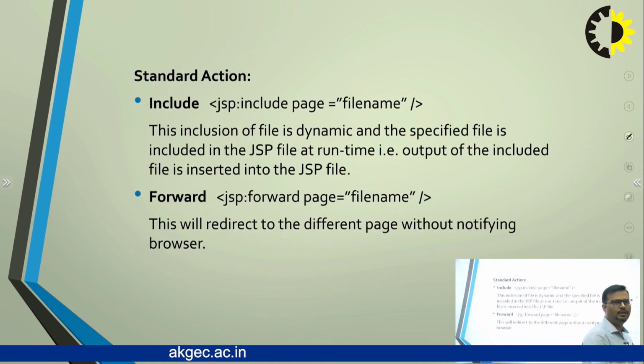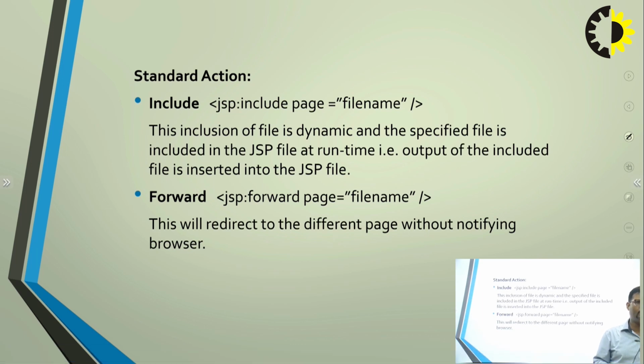Next, standard action. Which types of action will be included in a JSP? With standard action, the inclusion of the file is dynamic, and the specified file is included in the JSP file at runtime; the output of the included file is inserted into the JSP file.